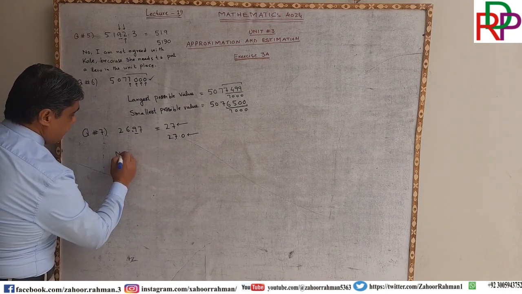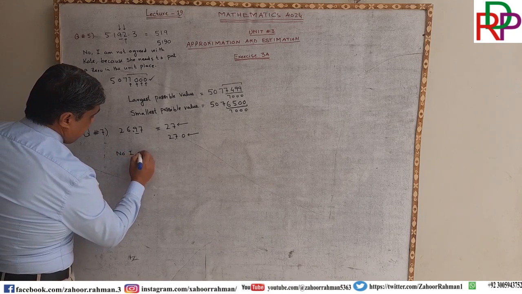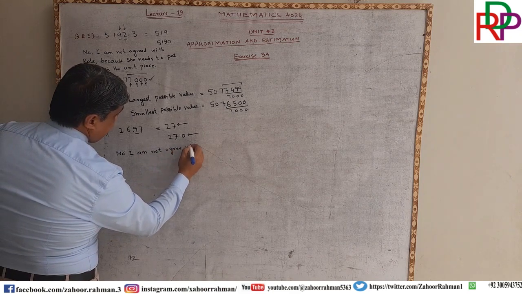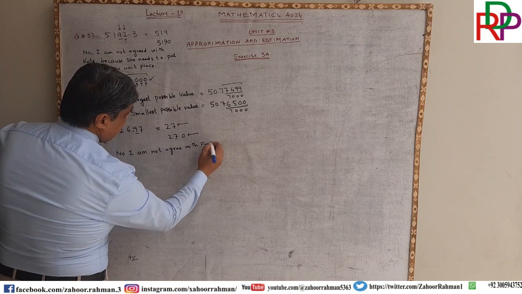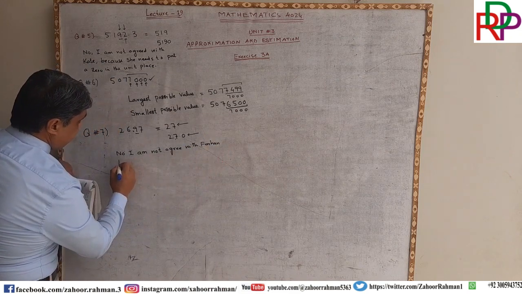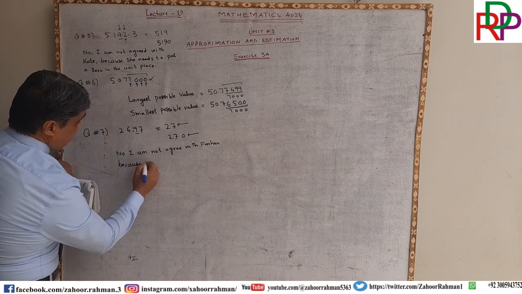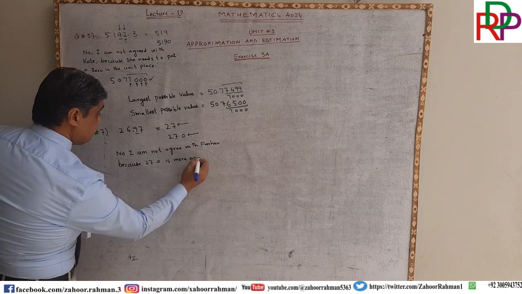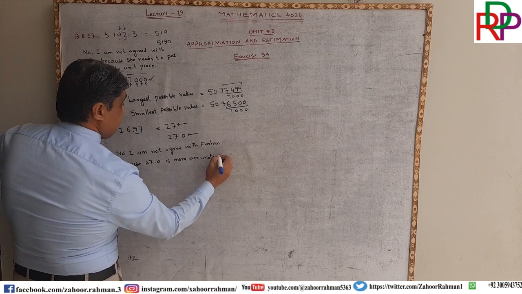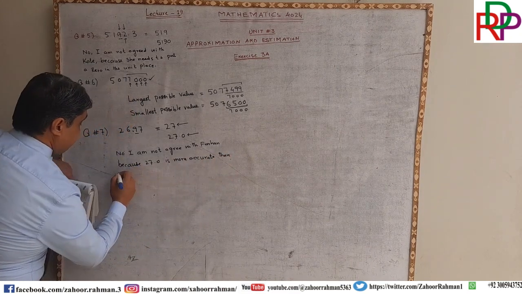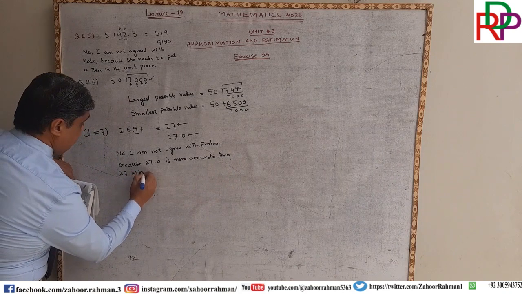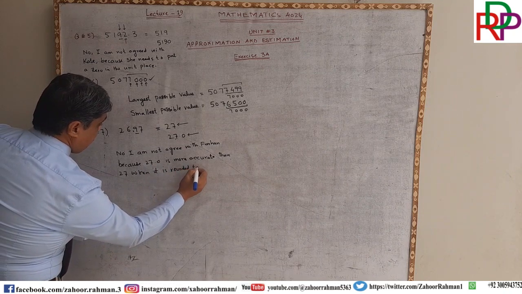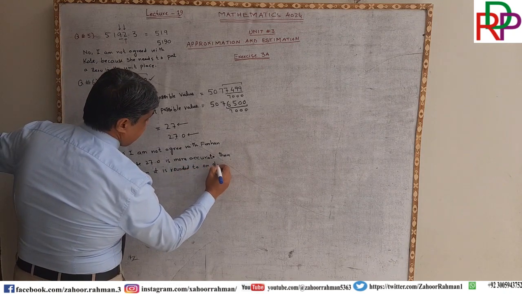No, I do not agree with Farhan, because 27.0 is more accurate than 27 when it is rounded to one decimal place.